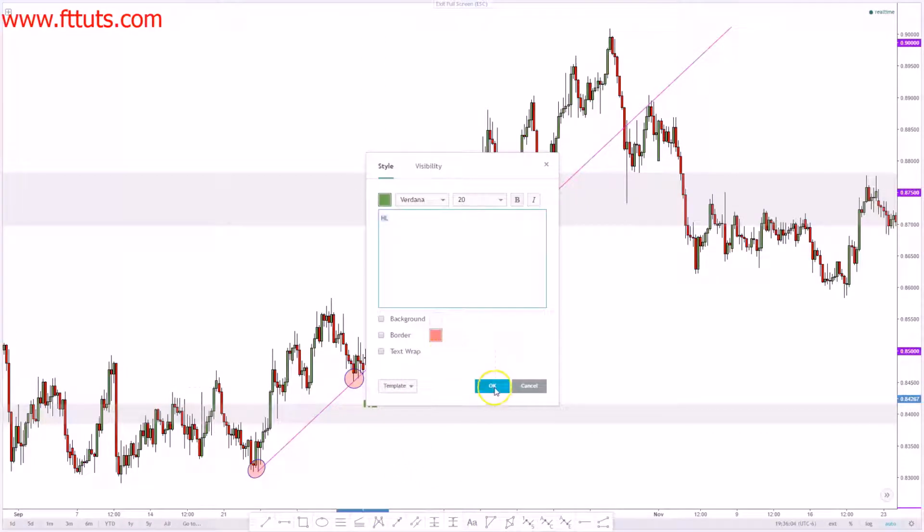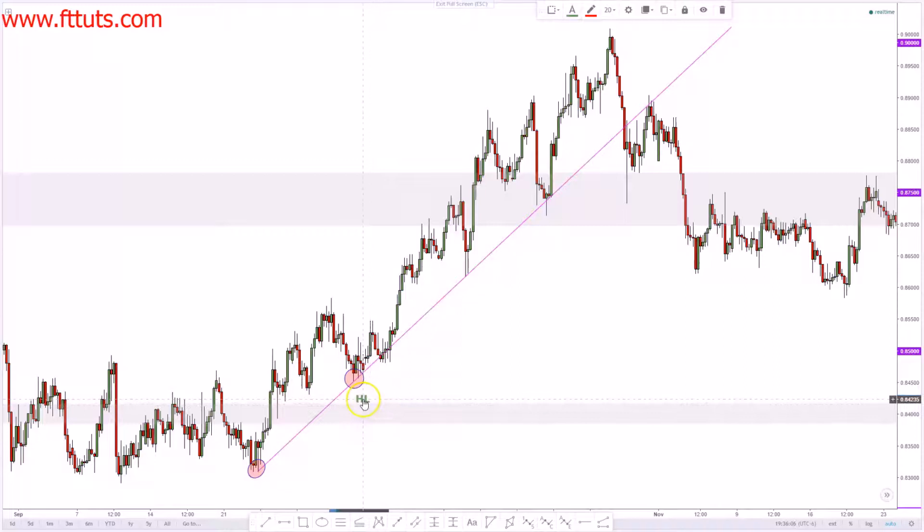All right, higher low right here. Higher low. Higher low. Higher low. Higher low right here. Finally get a breakthrough, and then we start getting lower highs.